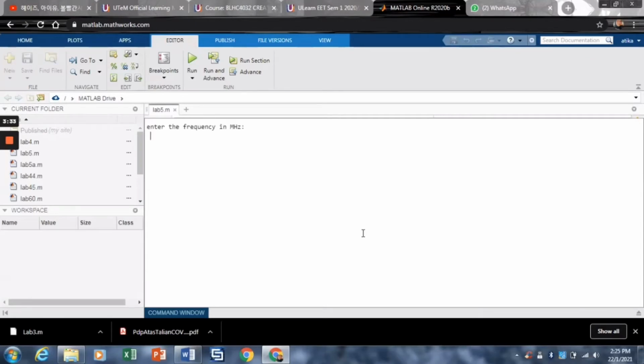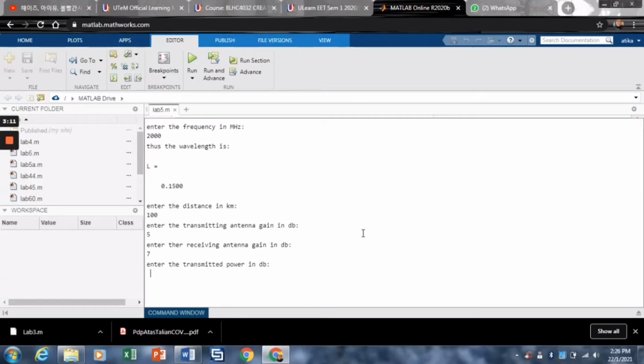For example number 2, the frequency is 2000, and it will give the wavelength of that frequency, and the distance is 100, the gain transmit is 5, the gain receive is 7, and the power transmit is 10 dB.